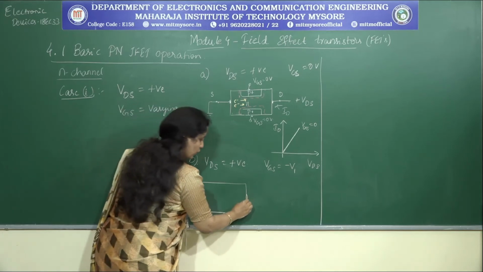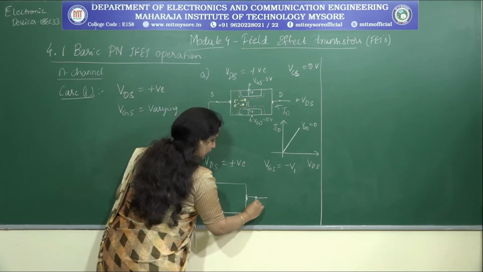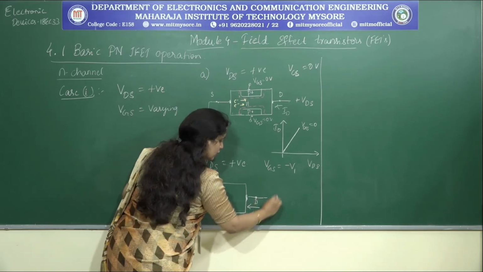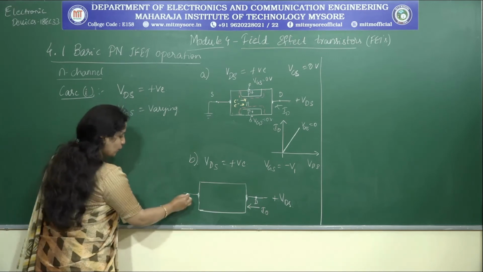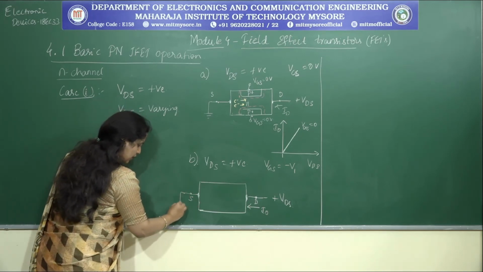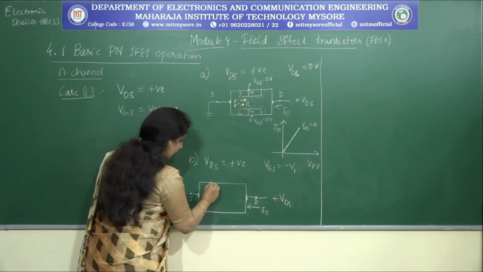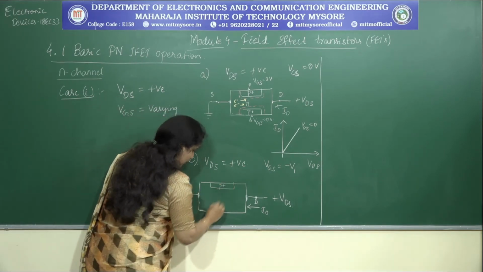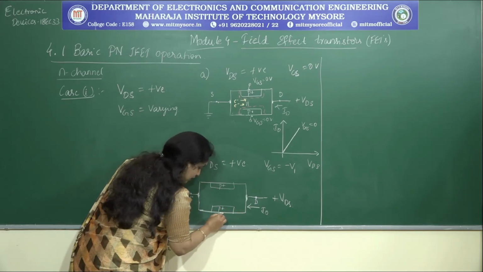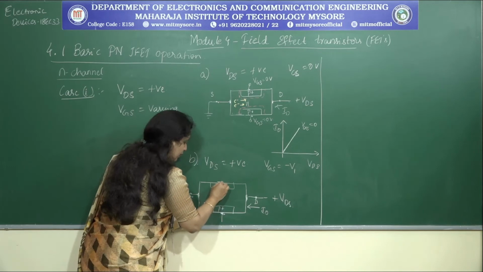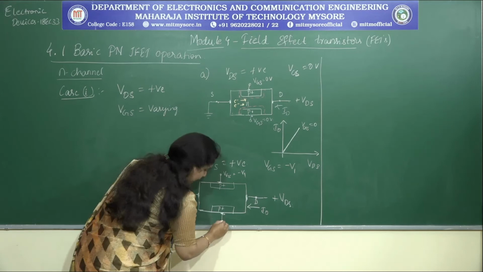We have ohmic contacts, and this forms the drain terminal, and this is how the current is flowing. The potential I am providing is plus VDS. The source is grounded. After that, we have a P plus region here and a P plus region here. There is an ohmic contact, and this is your VGS, which is minus V1.